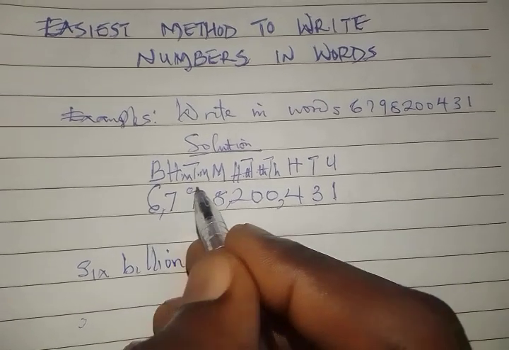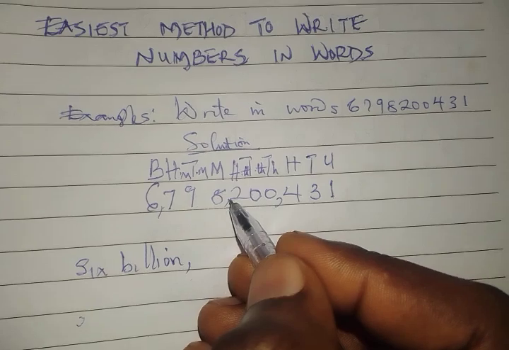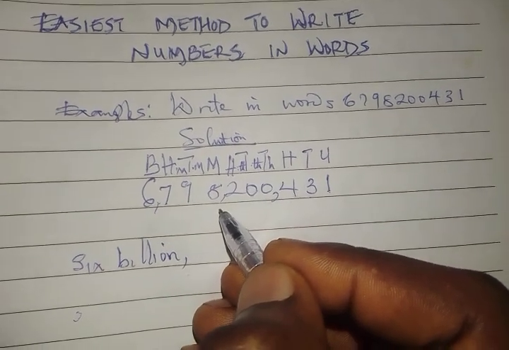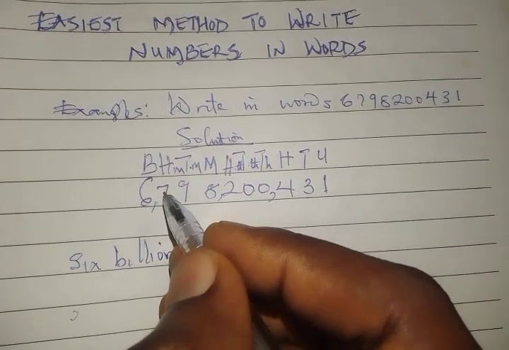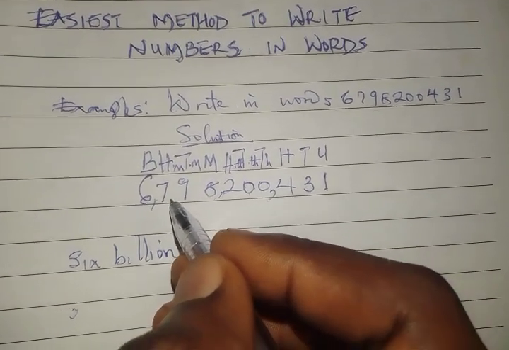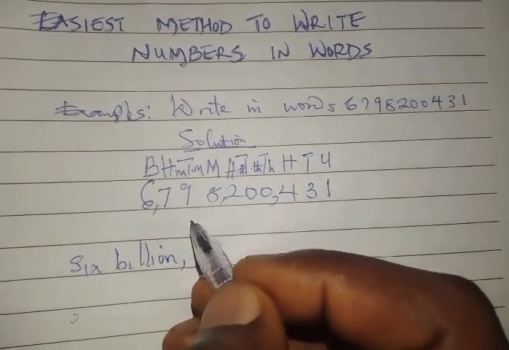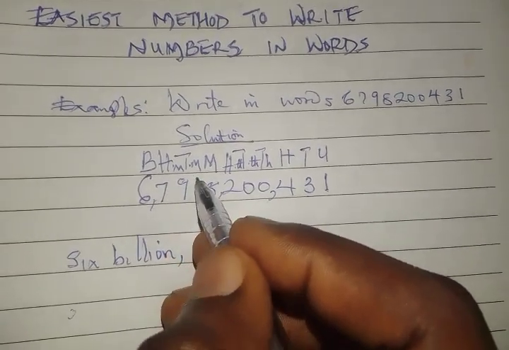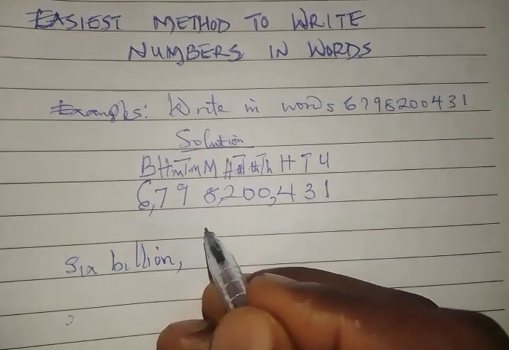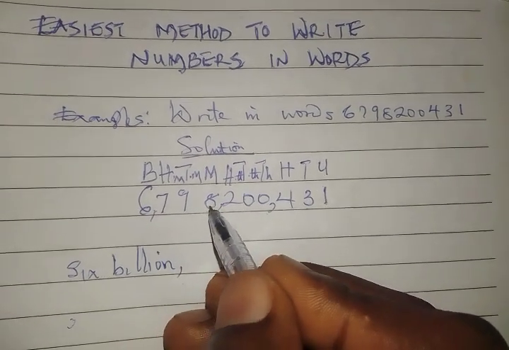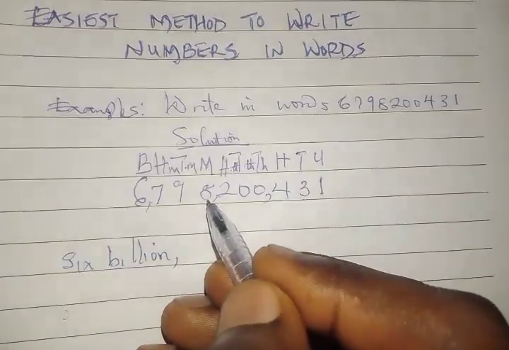The reason why I'm calling the 3 of these numbers together is, one, there is a comma after the 8. Two, after 7 there was no comma, after 9 there was no comma, after 8 there was no comma. So I wouldn't be saying 700 million, 90 million, no. I will call all the numbers before the comma together, and I will then call the last place value of the number I called last.